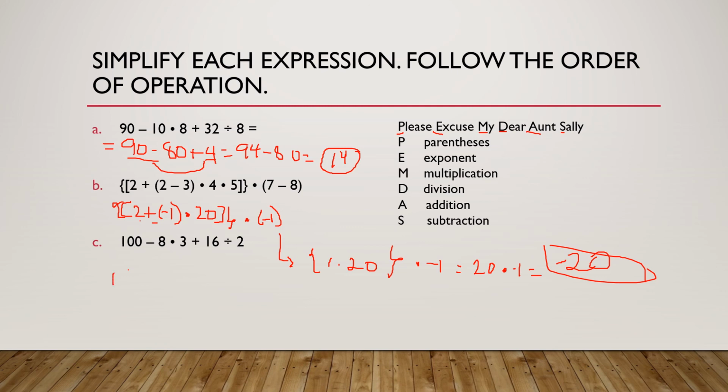Okay. 100 minus 8 times 3 equals 24, right? 24 plus 16 divided by 2 is 8. Okay? So 100 plus 8, 108.